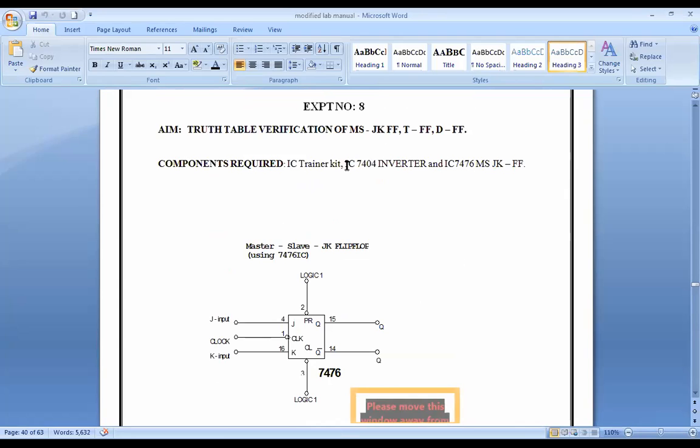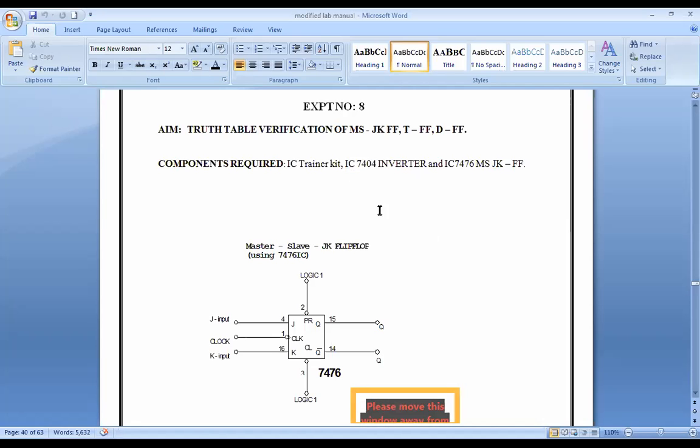Just like how you're using the 7404 inverter, similarly, you can use an AND gate, but then you'll have to know from what pin you'll be giving your input and from what pin you'll be taking your output.